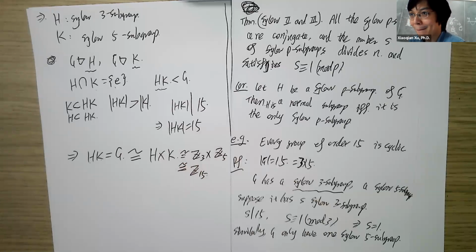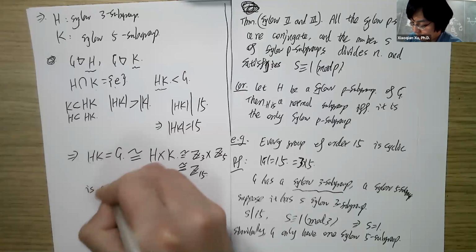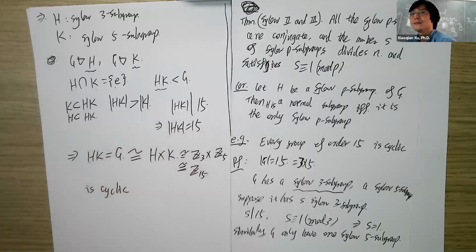Okay? This is how we can do a classification of groups by using the Sylow theorem. Any question?